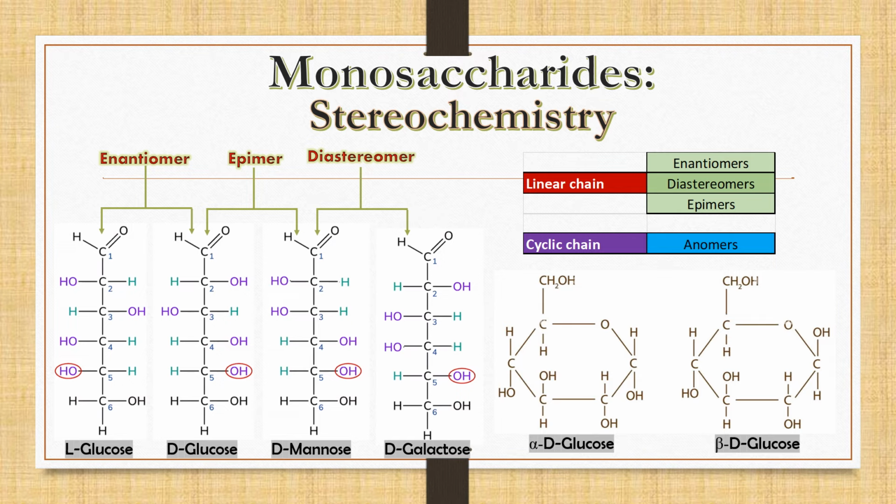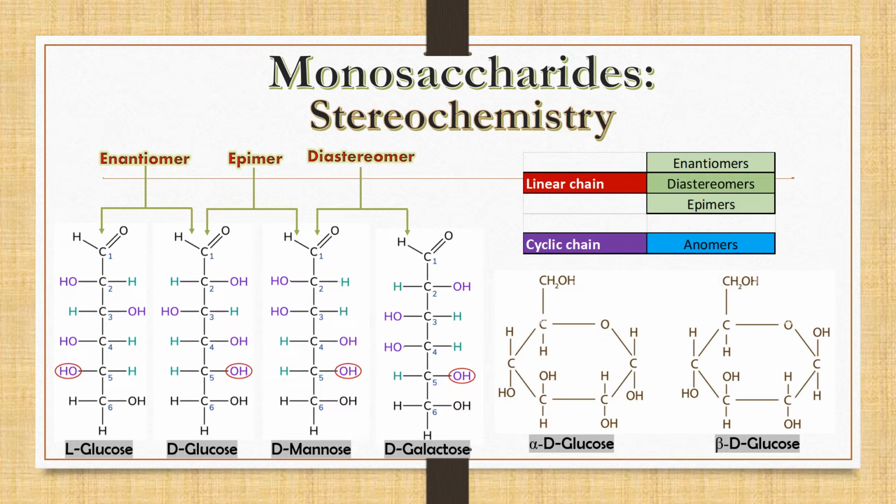In linear chain structures of monosaccharides, we have three main types of isomerism: enantiomers, diastereomers, and epimers. Aldoses and ketoses of the L series are mirror images of their D counterparts. These two D and L forms of a sugar are known as enantiomers.